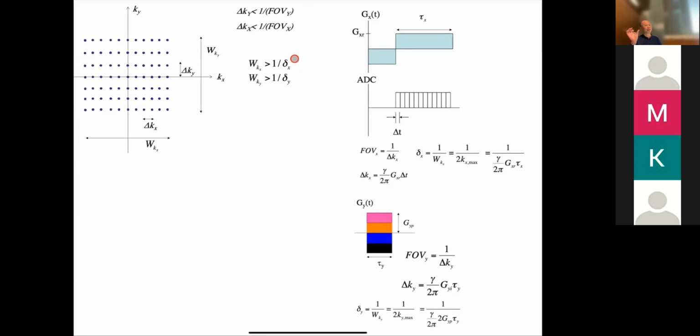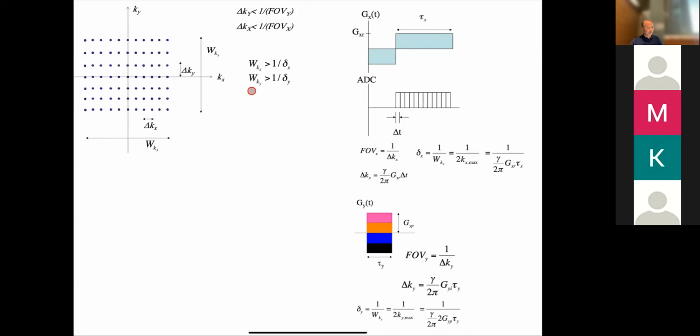So delta X doesn't go up with higher resolution. Just remember, higher resolution means smaller delta X. It makes sense because that means your width has to get bigger. You've got to go out farther in Fourier space. So resolution means you need higher spatial frequencies. Higher resolution, higher spatial frequencies.